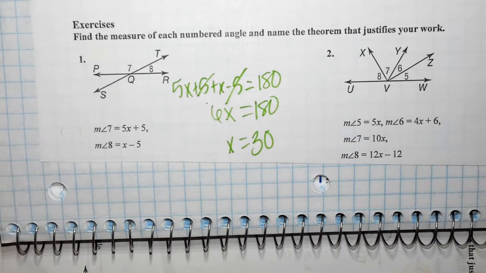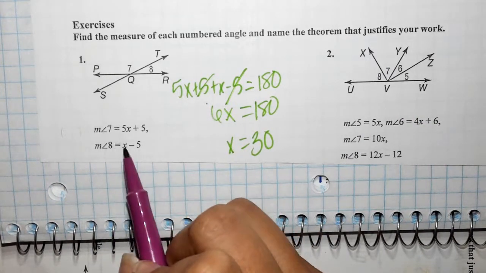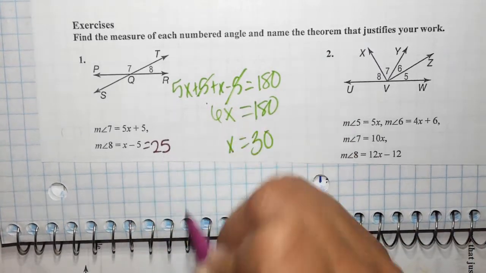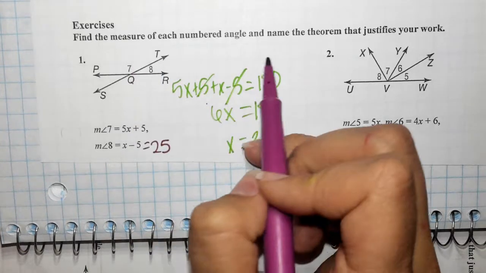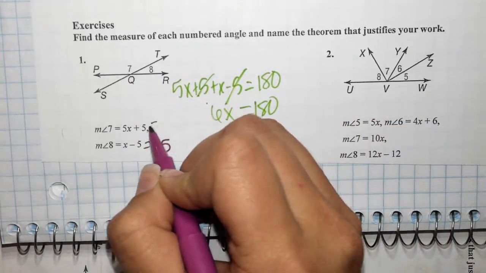Now, does it tell us to find the value of x or find the value of each angle? Each angle. So that means we need to plug x in. We're going to plug it into the easier one. What is 30 minus 5? 25. Now, if these add up to equal 180, can't we just do 180 minus 25 to get our other angle?